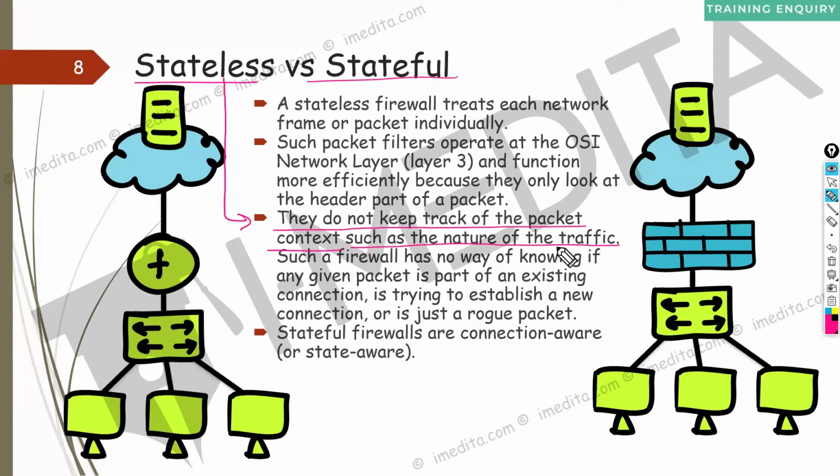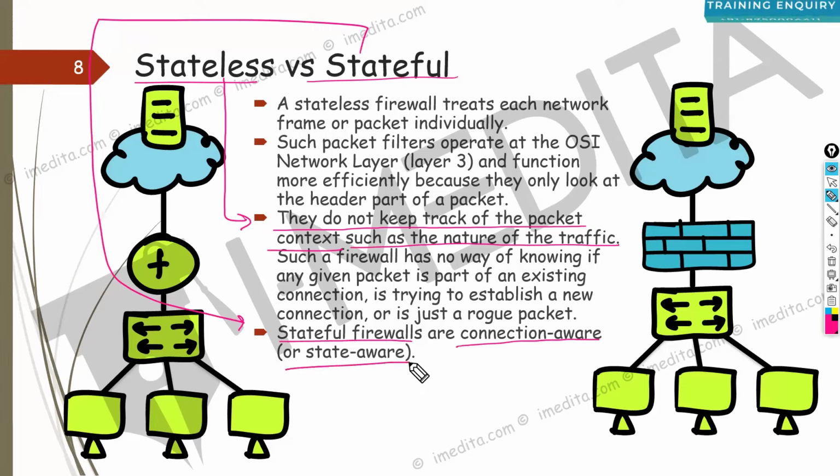Meaning the first packet must be SYN, the second packet must be SYN plus ACK, the third packet must be ACK. Stateless firewalls do not keep track of this behavior, while stateful firewalls are connection aware or state aware. It means they do keep track of packet context. Clear? This is the main difference.